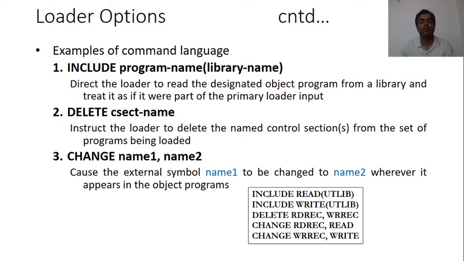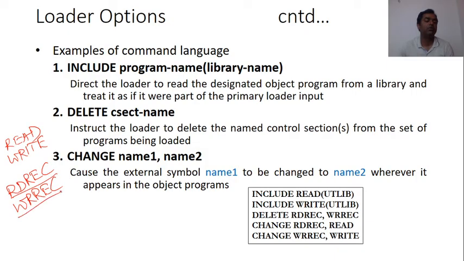Just take an example. Suppose in this program I just want to use the read and write programs from the utility library. In place of rdrec, which we have written, if you remember, we wrote a program whose module name was rdrec, and another was wrrec.